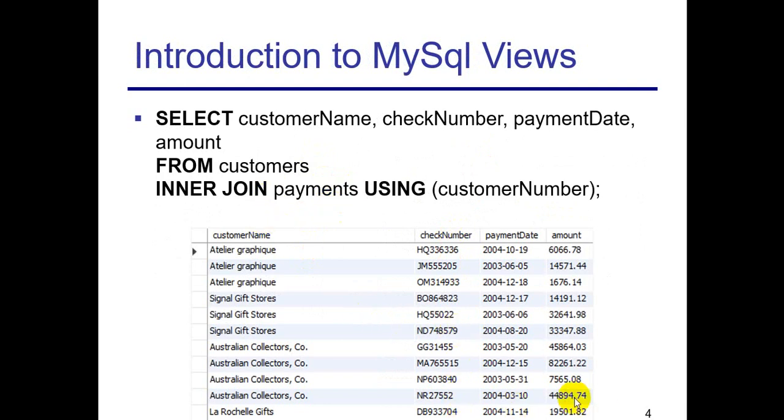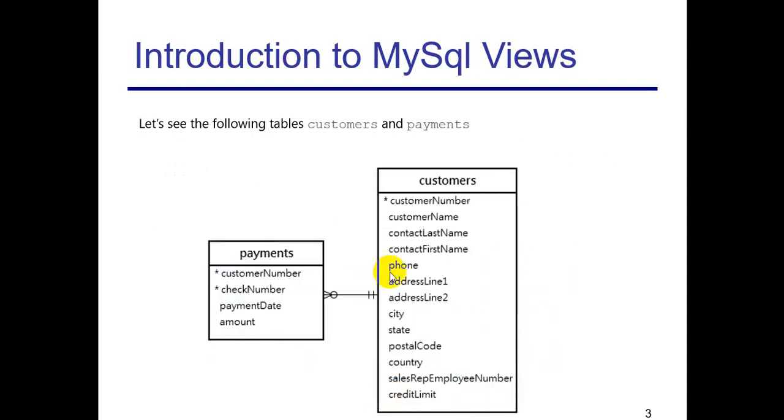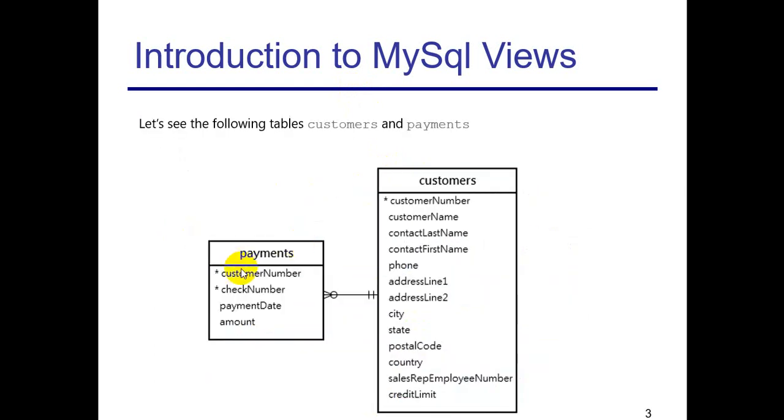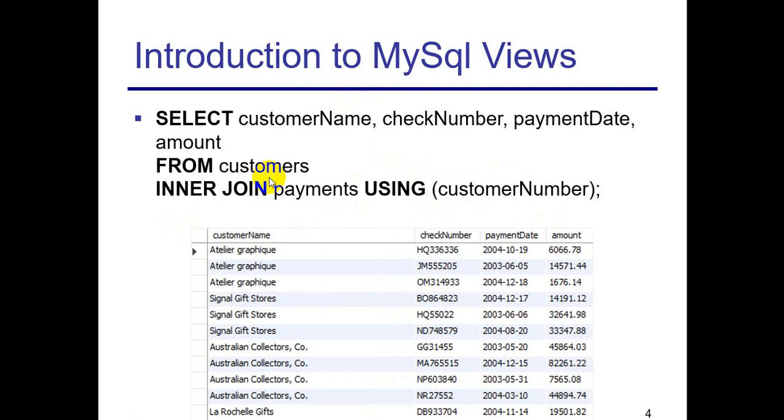The key used to join these two tables is the customer number. So this is the information we wanted: the names of all of the customers, along with the check numbers, the payment dates and the amounts.